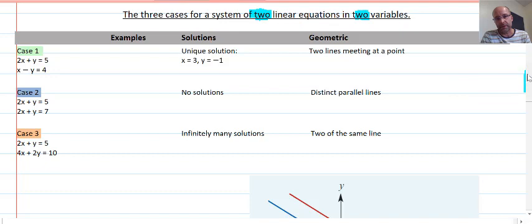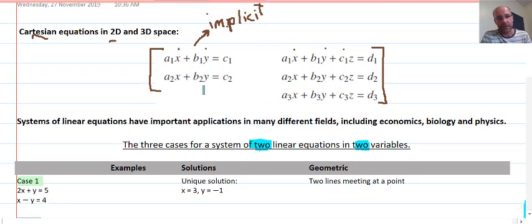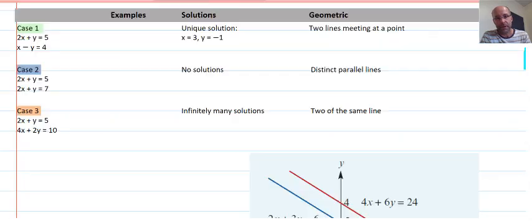So basically that's just like what we said here. You can see that we have three different cases that are possible, and in each case we have some examples, comments about the solutions, and geometrical interpretation.